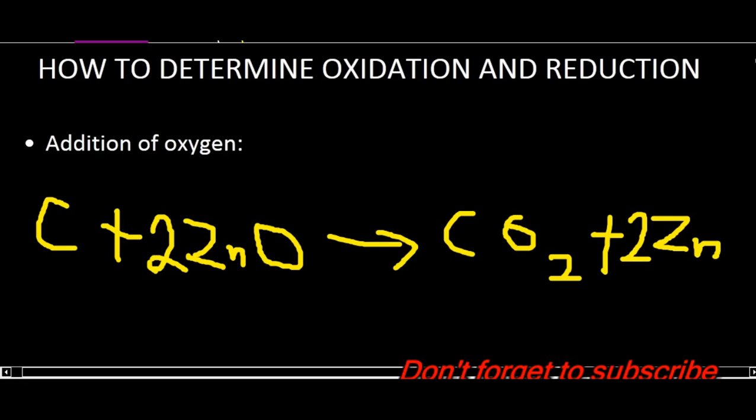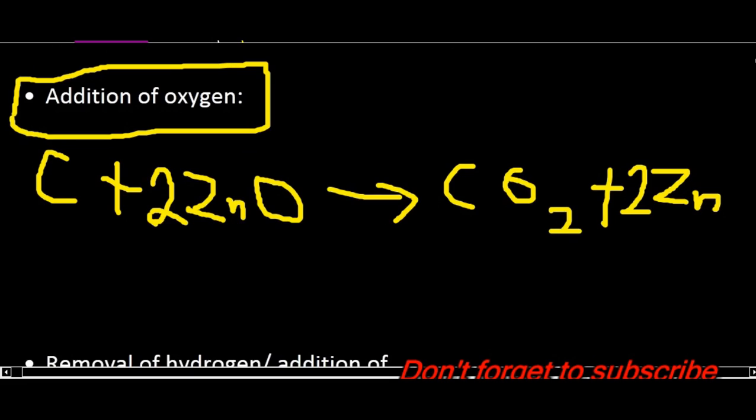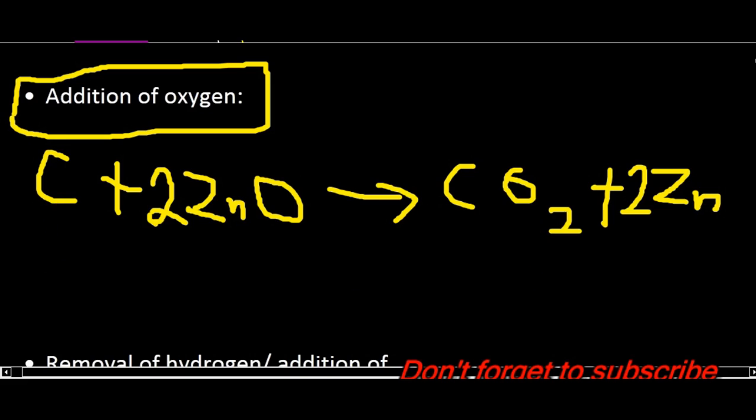Okay, let's say for instance you have this chemical equation. You have to determine the oxidation and the reduction from this statement, which says addition of oxygen is oxidation. So to determine the oxidation of this chemical equation, just look at the one that oxygen was added to, and that will map to this. Let me use a green pen here.